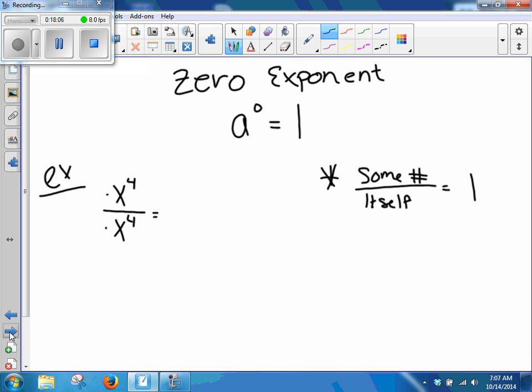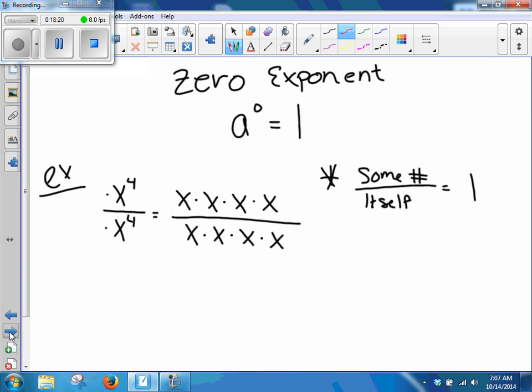Okay, so what this means is to write it out. So I have x times x times x times x. We've been doing that all day long. Okay, just writing out what it means. So then the bottom is the exact same thing, right? Okay, so now if I group these together, trying to cancel off the same amount from the top and bottom, notice something that happens. These go down to 1.